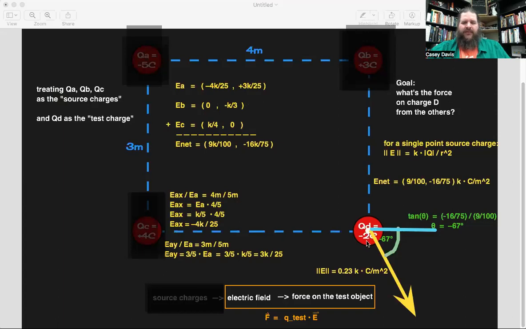Yeah, a negative multiplier flips the direction of the vector. In general, if you multiply by a positive scalar, the direction doesn't change. If you multiply by a negative scalar, you get a vector in the exact opposite direction. So the force on charge D is going to be in this direction.